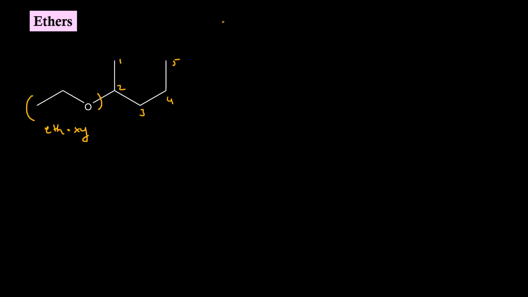Secondary prefix is 2-ethoxy. Root word is pent. Primary suffix is ane. So the IUPAC name will be 2-ethoxy pentane.